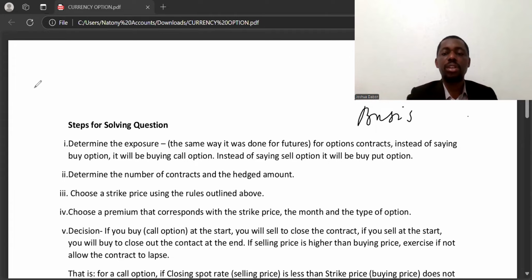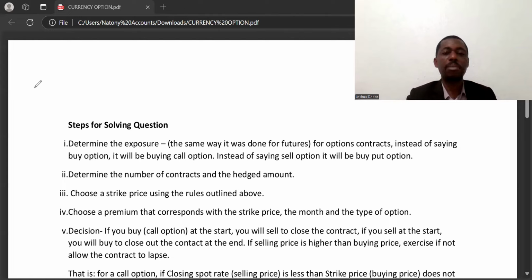But in the option contracts, you don't have this. So you are just going to be comparing the option strike price and closing spot rates to make your decision. Then you also have your premium. All right, so let's just look at the steps.